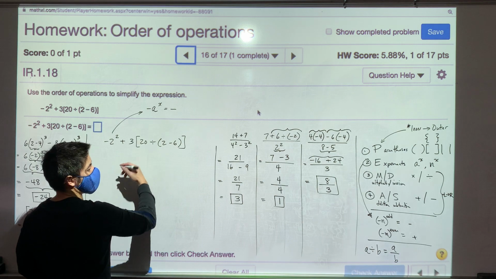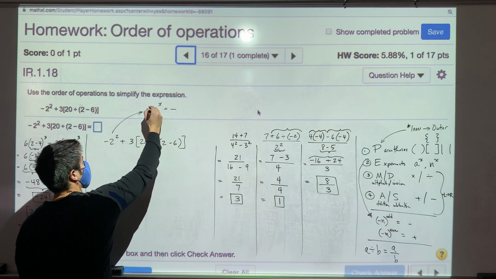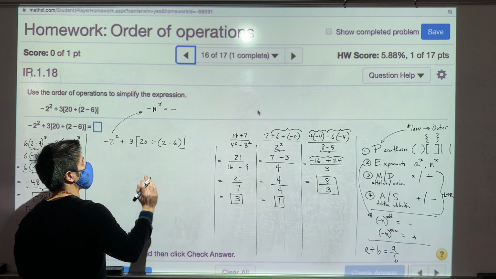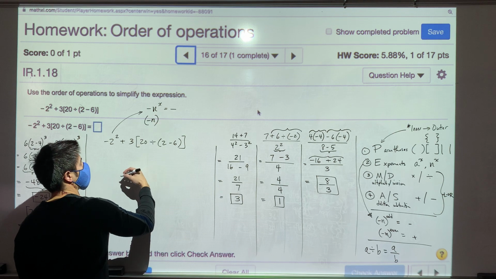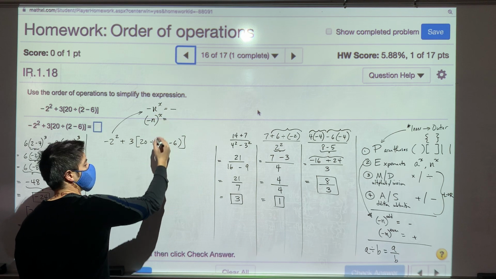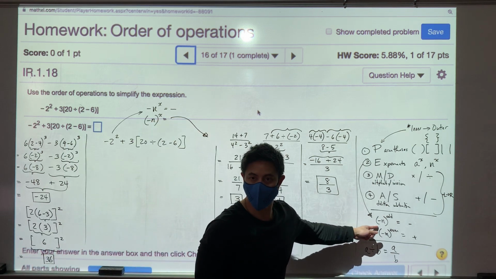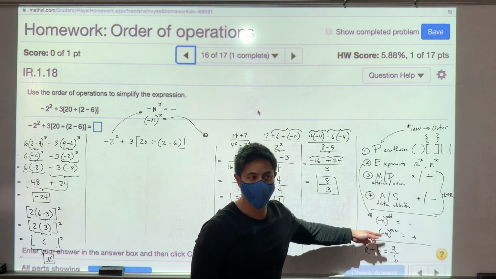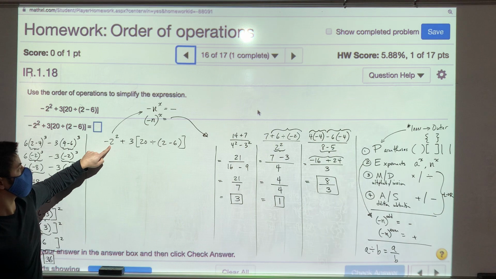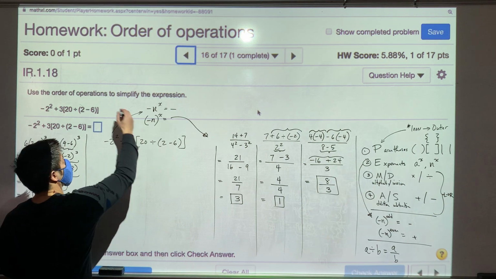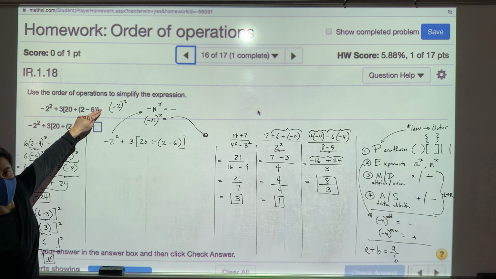However, if I have, and instead of using that letter A, let me use the letter N to be consistent, a negative number inside of parentheses to an exponent, then my rules down at the bottom here apply. Odd, even. Pay attention one more time. Look at this one right here versus this. These are two different things.